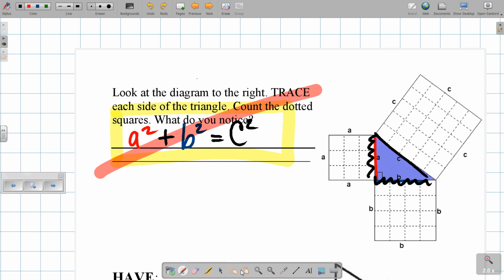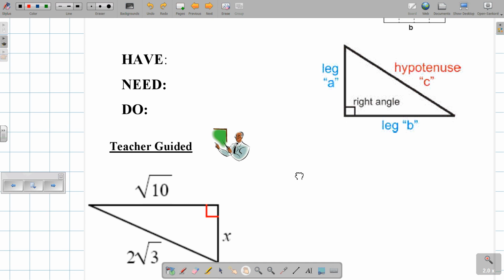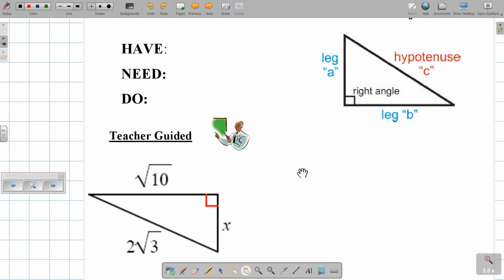So I prefer what's called the descriptive version of the Pythagorean theorem, and this is the one I want you to use. You label your two legs, which of course are hinged to the right angle, and then the hypotenuse is the longest side opposite the right angle.